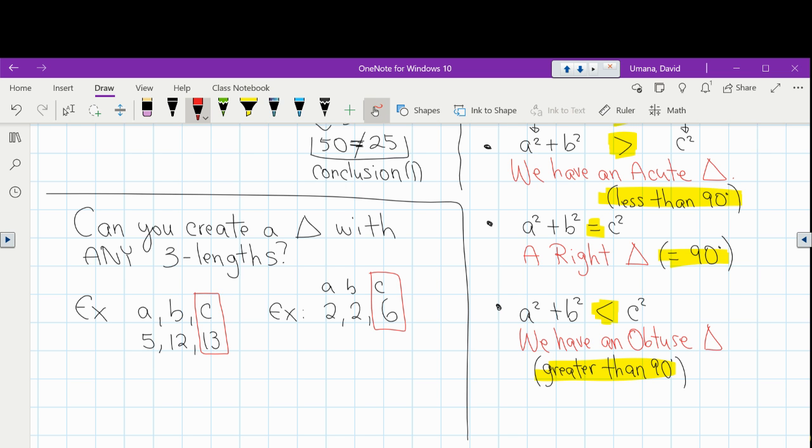Anybody discover if either one of them is a triangle? Is either one of those a triangle? Anybody know?